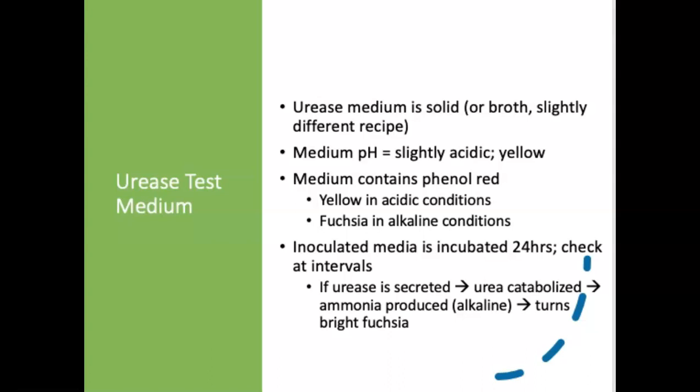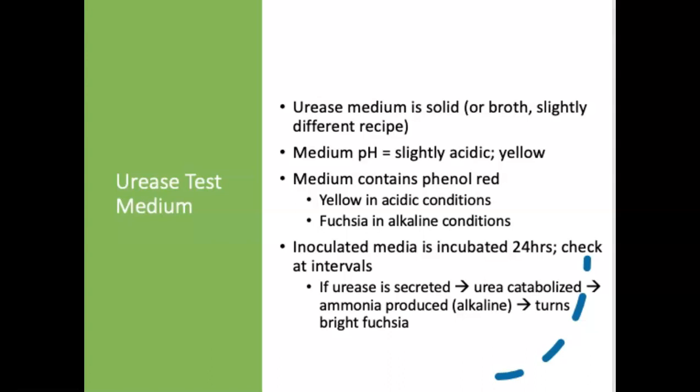Another interesting thing about this medium is that the medium itself is slightly acidic. And since it has phenol red in it, and we've seen phenol red in other tests, the medium is going to be sort of a yellow color to start with before we even inoculate.